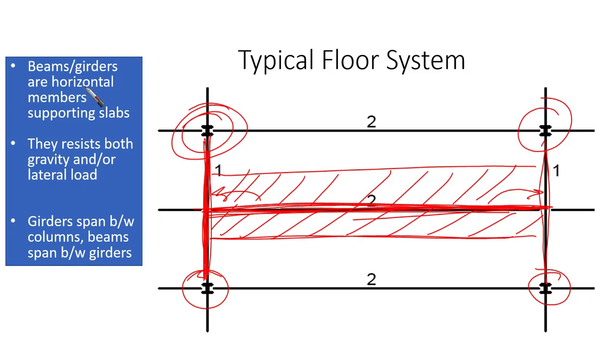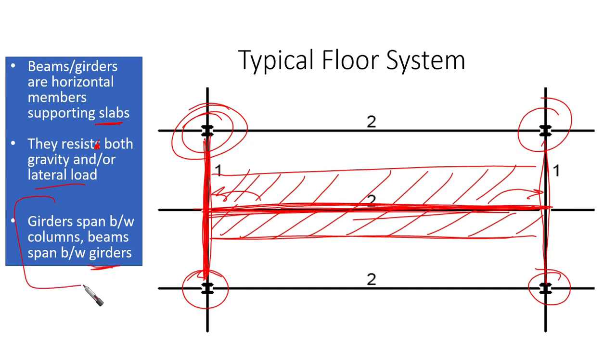So these beams or girders are horizontal members supporting slabs. As we said, they resist both gravity and or lateral load. Girders span between columns and beams span between girders.